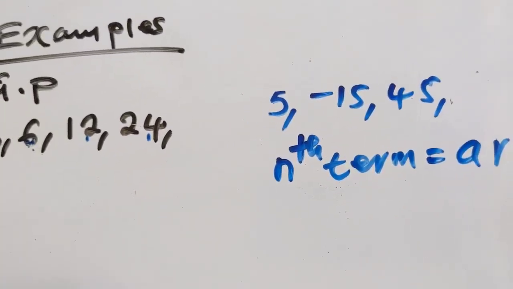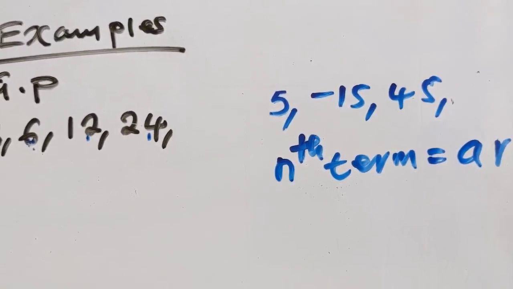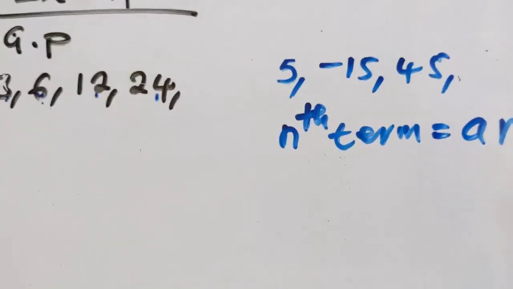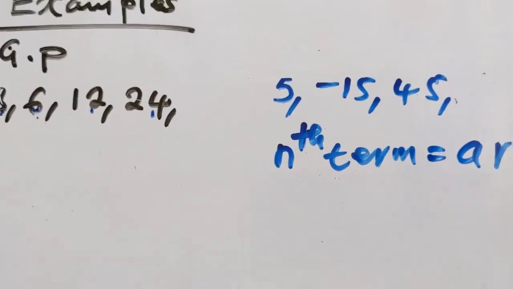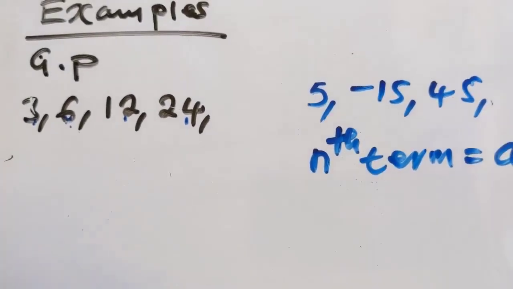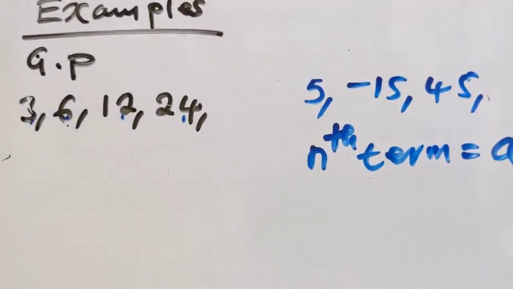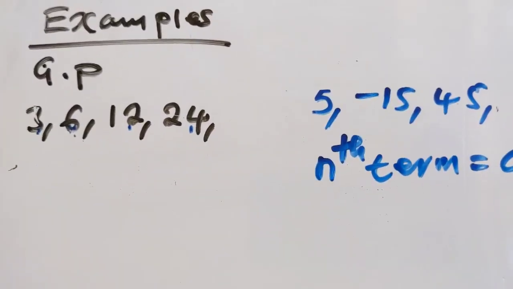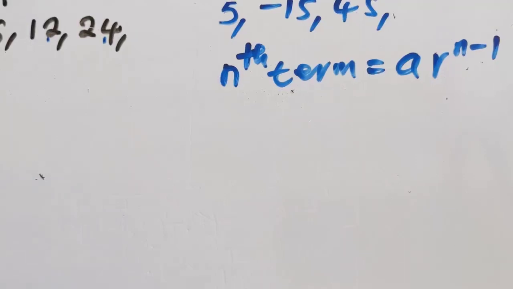Make sure that you finish this video so that you know what you are doing, because I'm going to cover everything about geometric progression. We are going to look at the partial sum of geometric progression. So you want to find the sum.